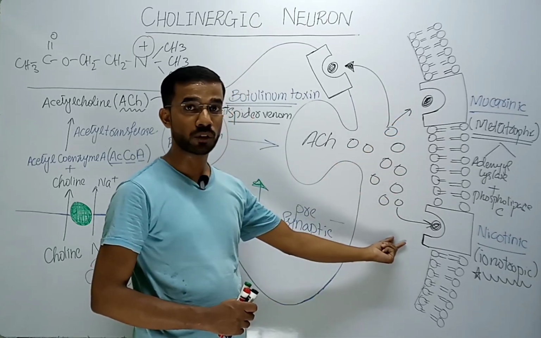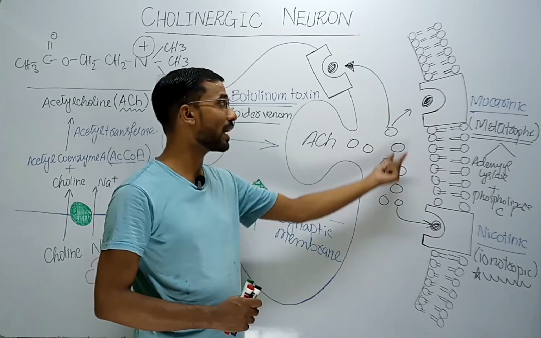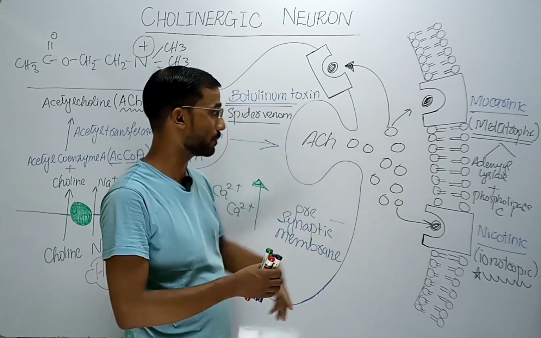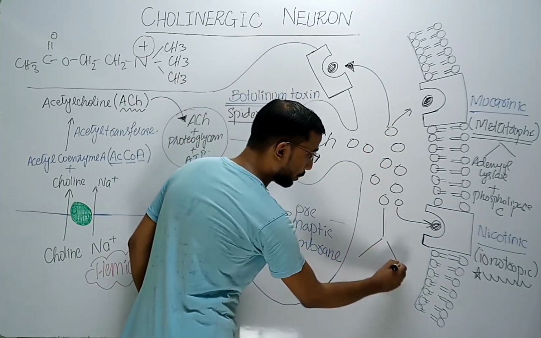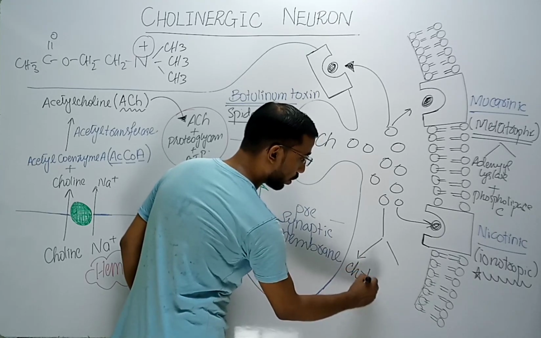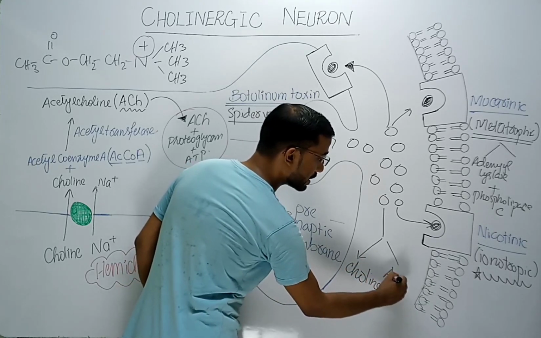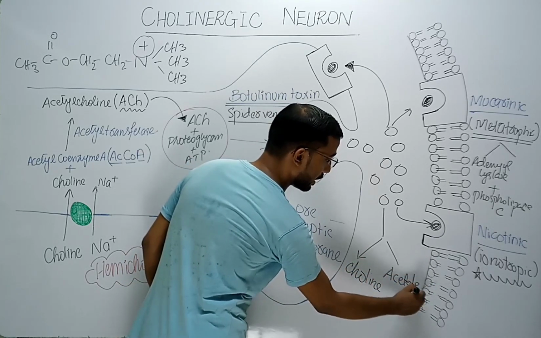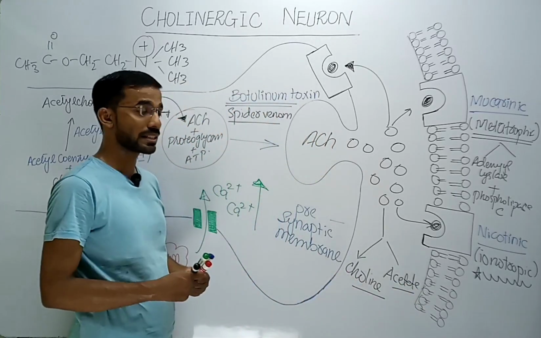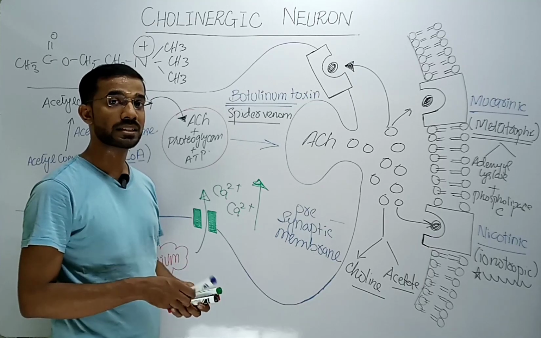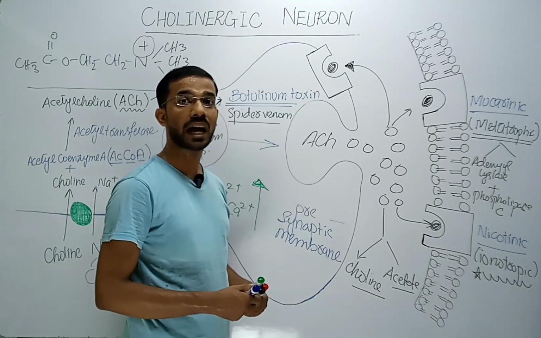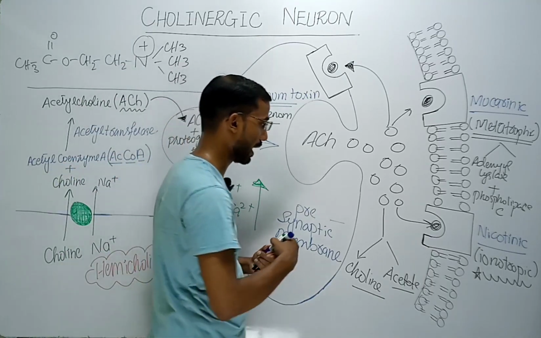The nicotinic receptors are present on the neurons and the neuromuscular junction, and the other is the muscarinic receptor. Now, this acetylcholine breaks into two components. First one is the choline and second one is the acetate. This degradation of the acetylcholine happens in the presence of the enzyme, that is acetylcholinesterase enzyme.